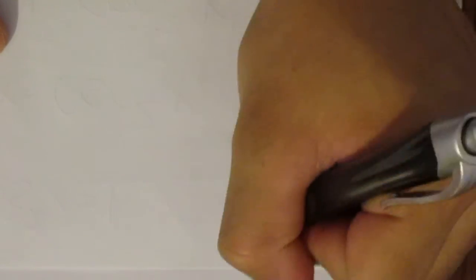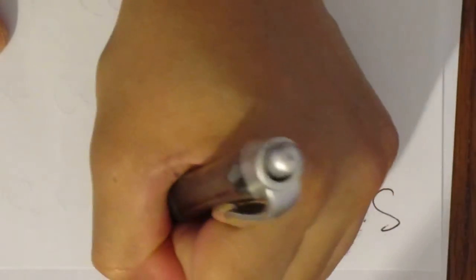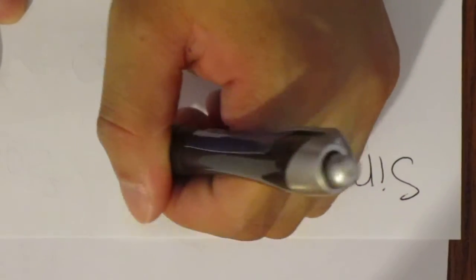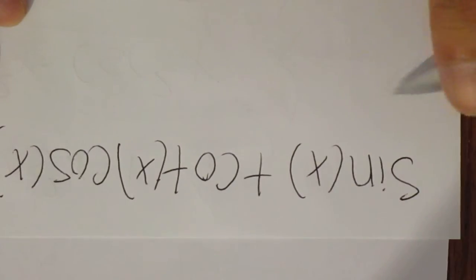Okay, let's try another one. Let's simplify sine of x plus cotangent of x, and then multiply that by cosine of x.